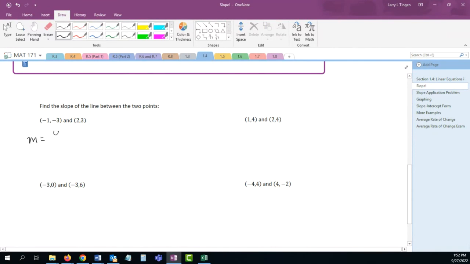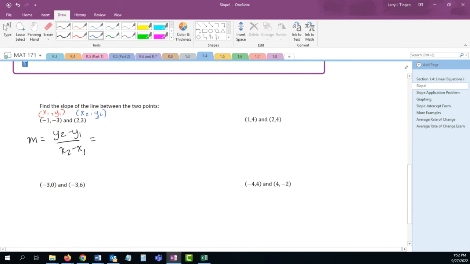All right, so slope, change in y over change in x. And what is that? y2. So for me, I always let the first point I encounter be x1, y1, and the second point I encounter be x2, y2.